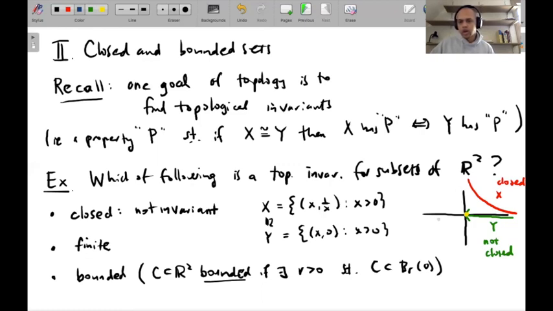I mean, what would be a limit point not contained in X? Well, you can't find one. Any point that's not on the graph, there's some ball that's going to be disjoint from X. Okay, so this shows that being closed is not a topological invariant for subsets of R2, which is kind of strange.